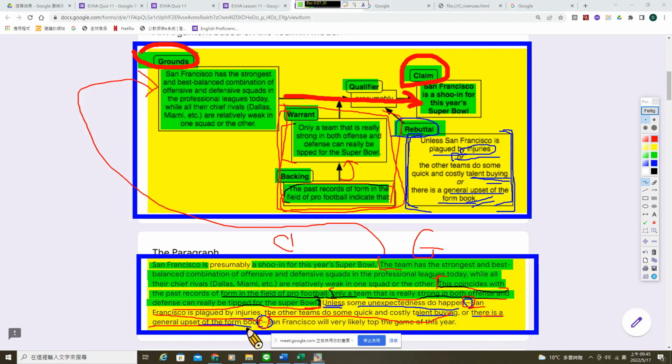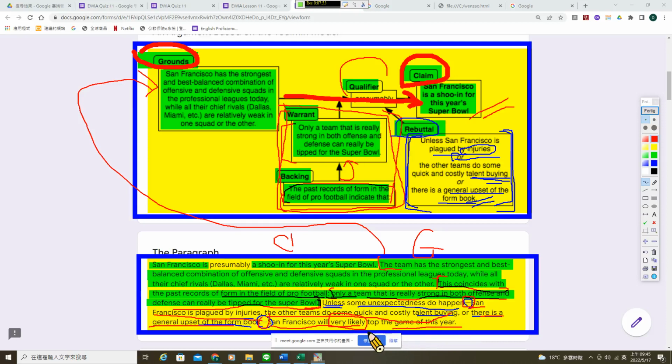So once we have this, then we have to consider that our claim is not 100% sure. So we need to put a qualifier. So unless this does happen, San Francisco will very likely, so this is the qualifier, top the game of the year.